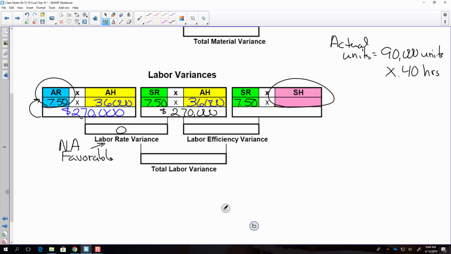So the 0.4, again, I'm trying to prep you for the verbal definition. The 0.4 is the standard hours allowed per unit.